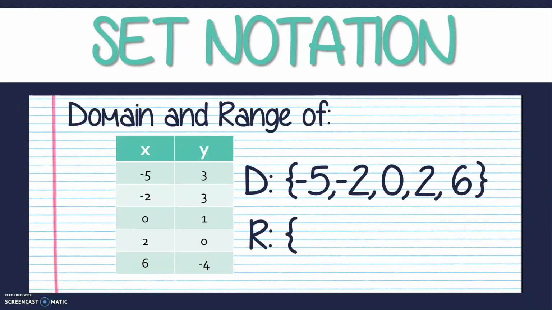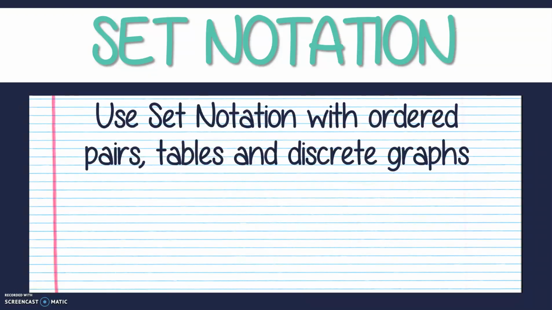The range would be the numbers 3. I'm not going to write the 3 twice, so I'm going to move on to 1, 0, and -4. As you can see, all you're doing when it's a set of points or a table like this is list it. So we use set notation with ordered pairs, tables, and discrete graphs.